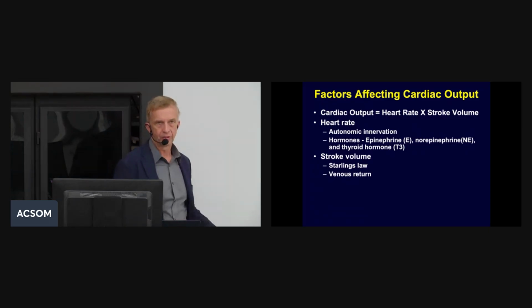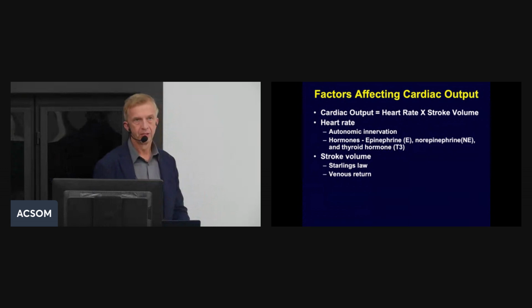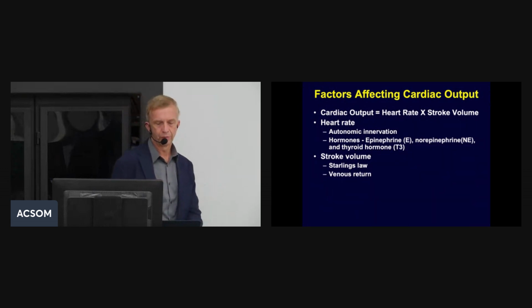I mentioned it: more stretch of the cardiac fibers causes more vigorous cardiac contraction. I will show you the image. And then venous return, same thing. If there is elevated venous return, there is an elevated stroke volume because of increased stretch in the myocardium.